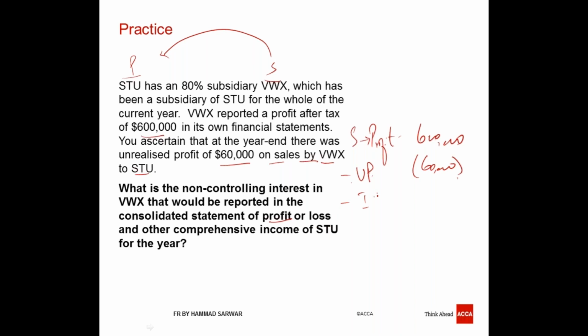There is no impairment loss. There is no excess depreciation. So the amount of the profit will be 5,40,000, out of which NCI will get 20%, which is 108,000.